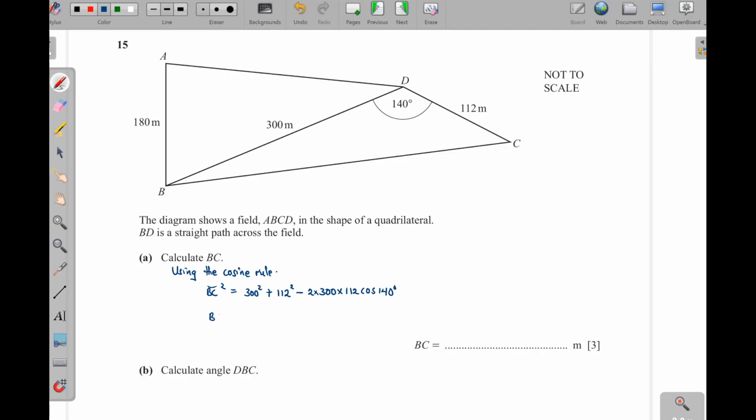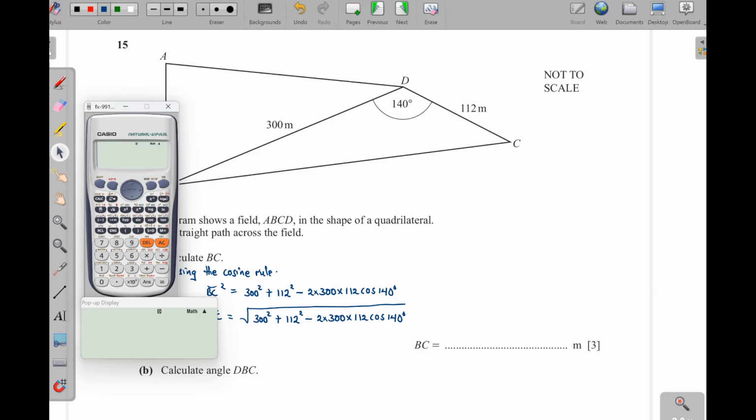So that means our BC is going to be equal to the square root of whatever we are having here. So let me just slide this one down here. Just like that. Then you press everything in the calculator and then you write your answer to 3 significant figures.